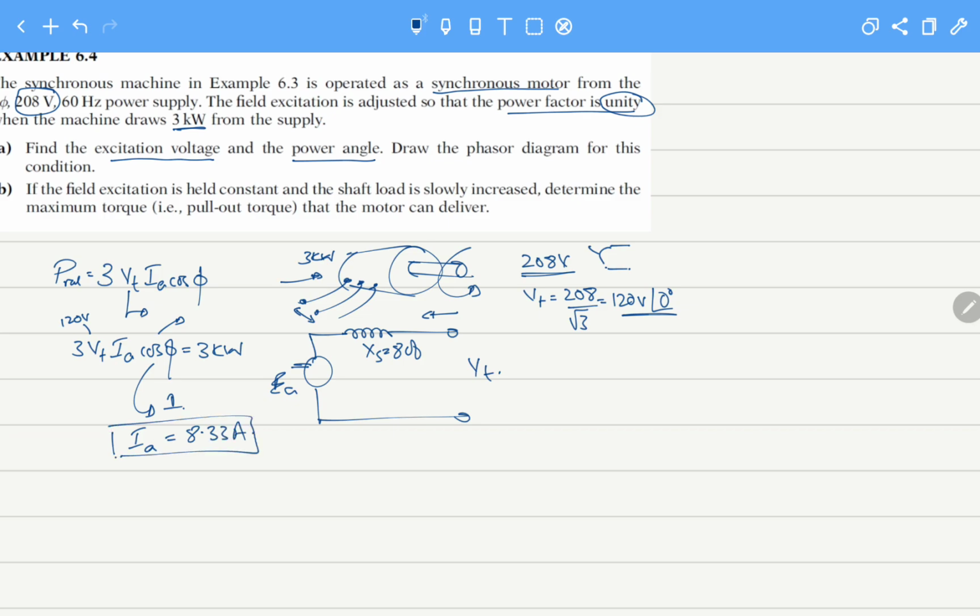Cos theta is 1, so the angle of the current is Ia equals 0 degrees, same as that of the voltage.